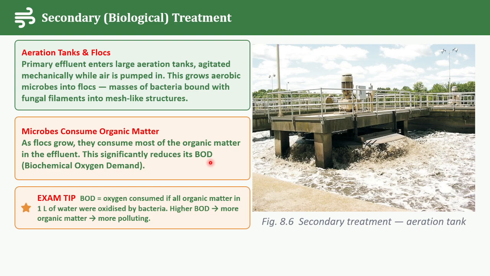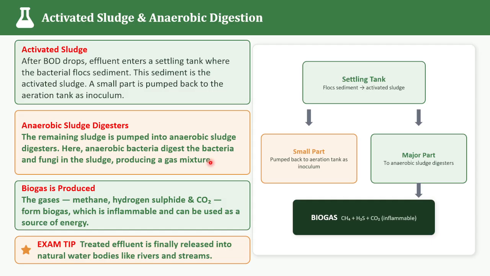Okay, answer me now. Which water is more polluted? Can you tell me, water with low BOD or water with high BOD? So already we know, the answer is water with high BOD. Yes. So next we are going to see activated sludge and also the anaerobic digestion.